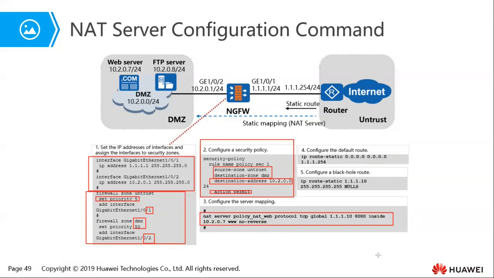So, NAT server, and then you give it a name, policy_nat_web, protocol TCP. When you're going outside, that is global 1.1.1.10, port 8080. Inside, you translate that to the IP address of our web server, 10.2.0.7, and www will still give the port 8080.